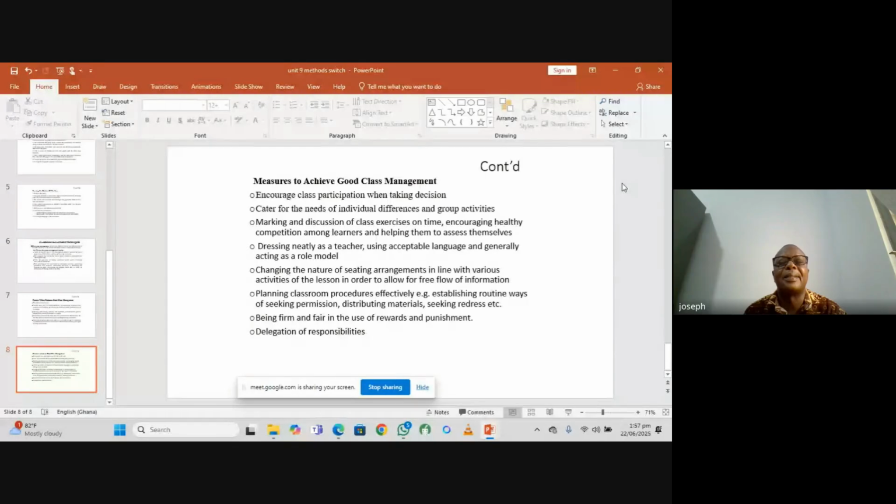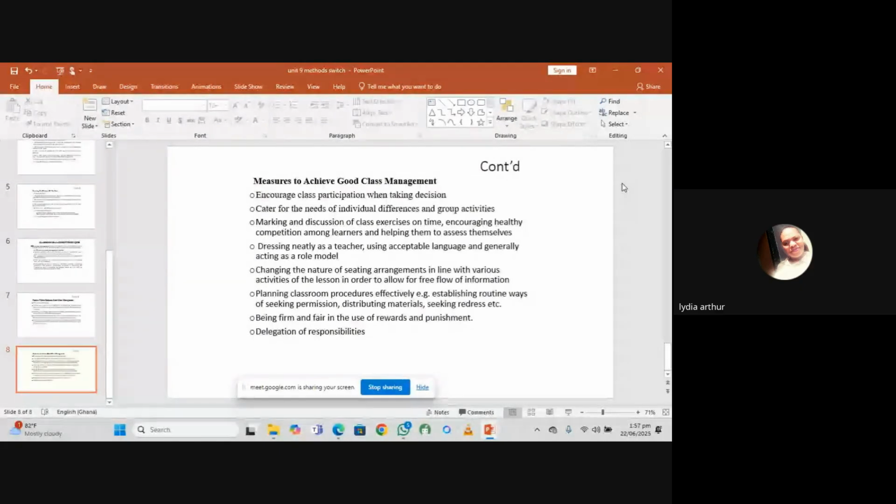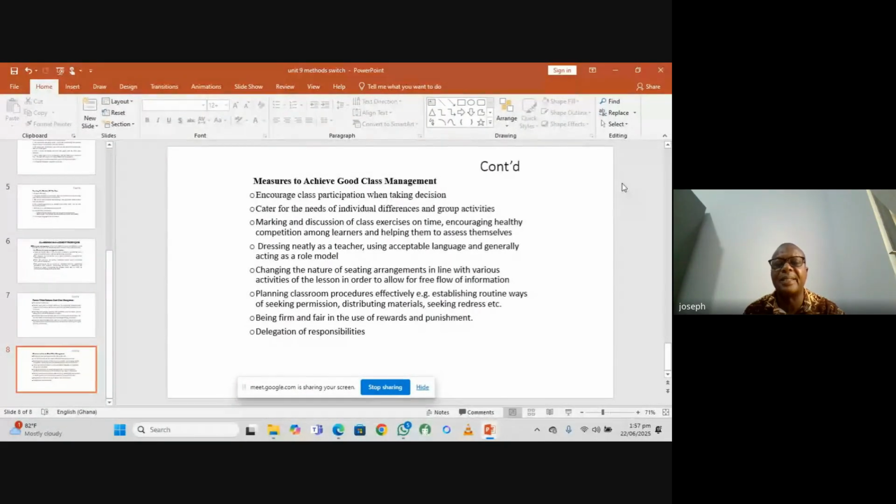We said that we should encourage them to learn from one another. In the same classroom with the talented and the poor, it depends on what you want them to achieve when putting them into groups. You can mix the poor and the talented together, and they'll be learning from the talented.